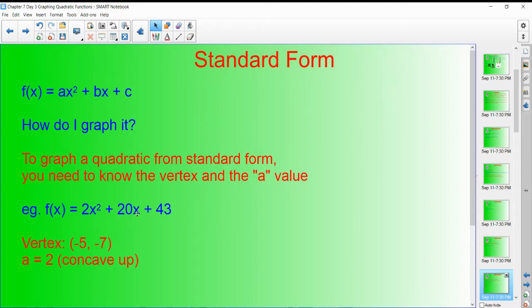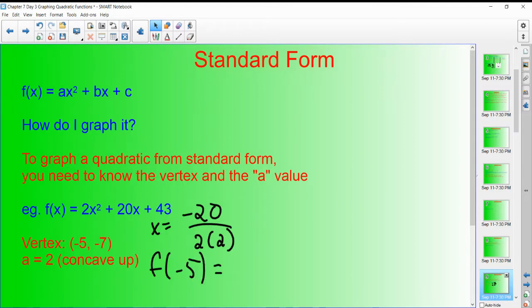So for the vertex, remember we can do the x value is negative b over 2a, which gets us negative 20 over 4, which is negative 5. And then I can put negative 5 into the equation and get the y value. So I put f of negative 5: negative 2 times negative 5 squared, plus 20 times negative 5, plus 43.